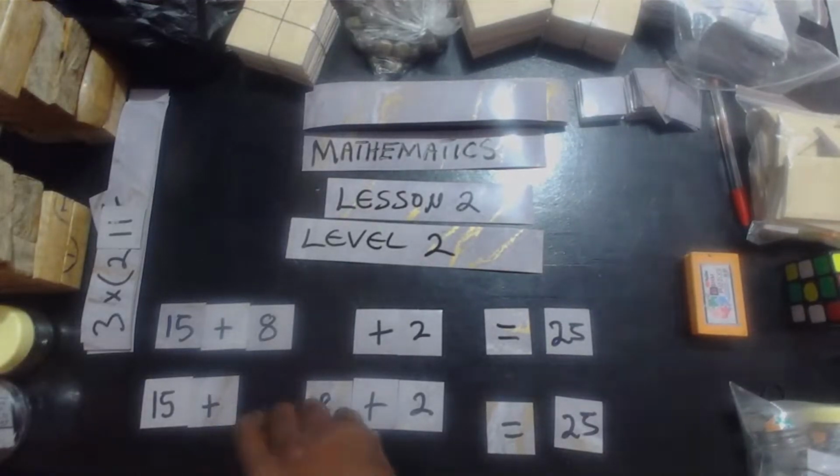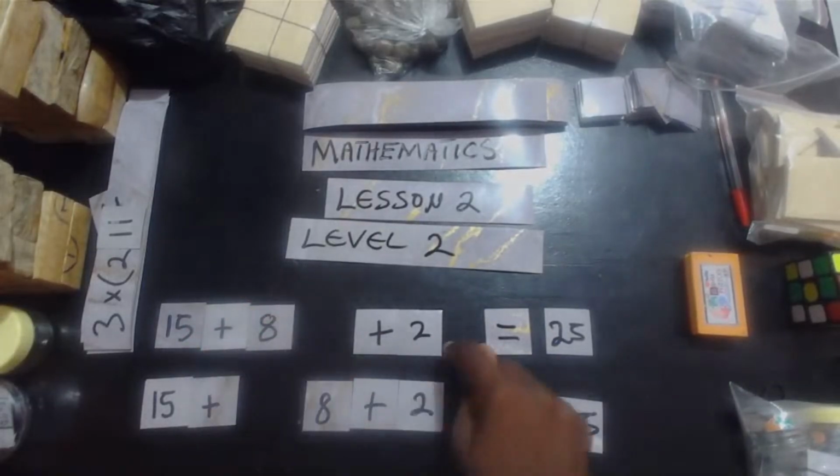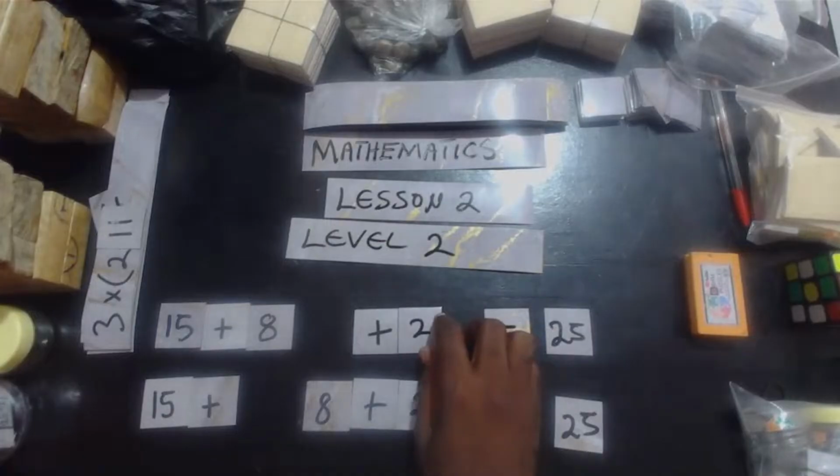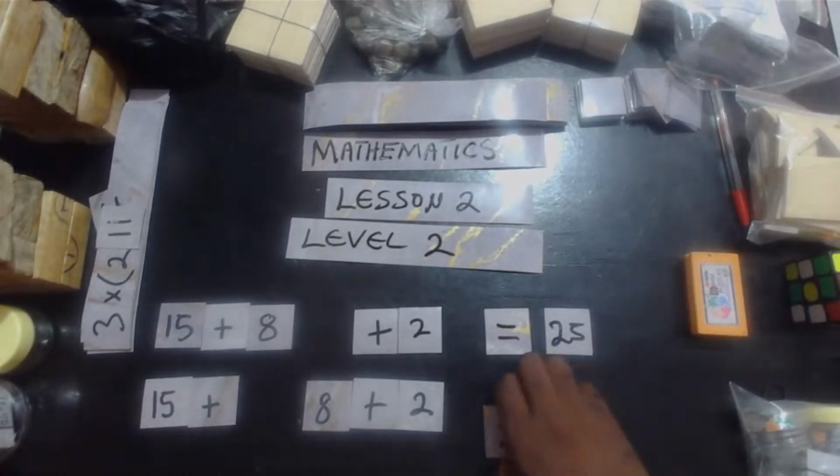As opposed to adding 15 plus 8, which will take a bit of time, but eventually if you get the answer quick enough, you add on to 2 and still get the same answer. So you realize there are two different levels of difficulty in here. That is the story of level 2.